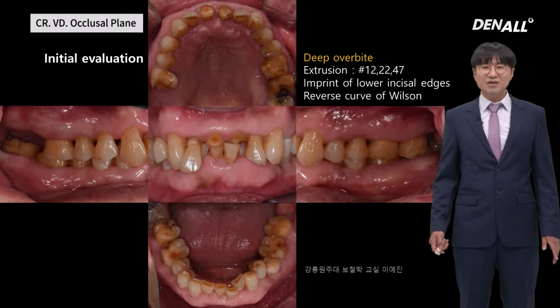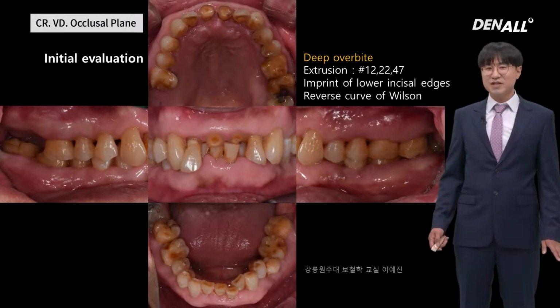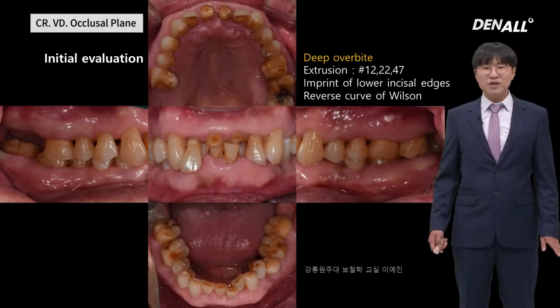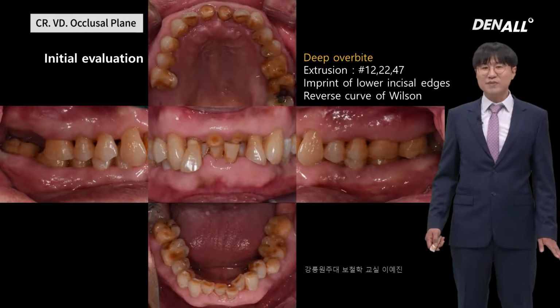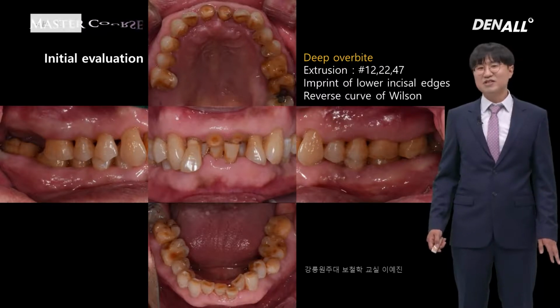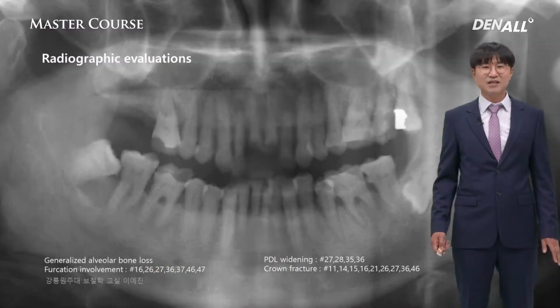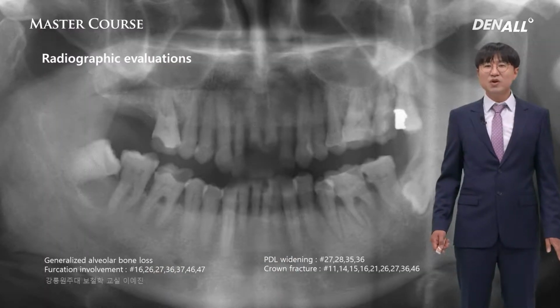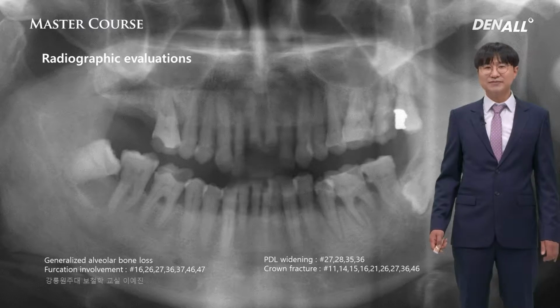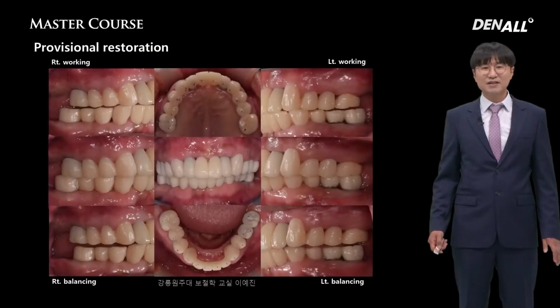This case is the courtesy of Professor Yejin Lee of Gangneung Wonju University Prosthodontics Department. With the VD loss and insufficient space for restorations, it looks very challenging with aesthetic requirement as well. Generalized alveolar bone loss and crown fractures.